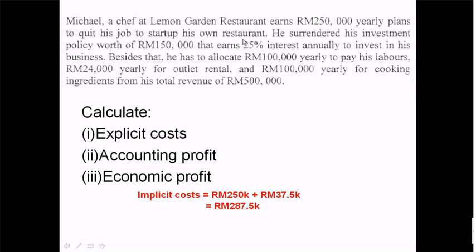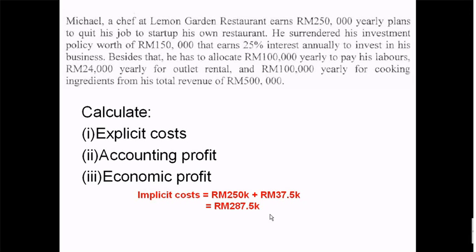So 25% of this 150,000 will be the interest that he had to give up, because he invested this amount into his business, so he couldn't earn this 25% interest. That is his opportunity cost. If you sum up these two figures, you get implicit cost equals 287.5 thousand.